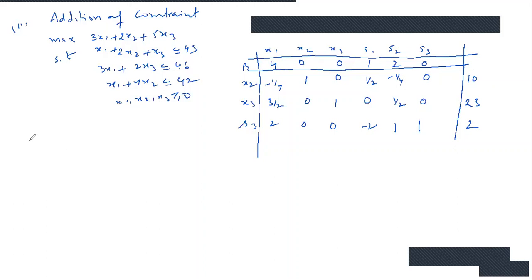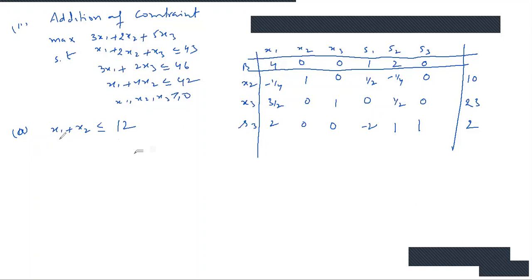Suppose we are adding a constraint, say x1 plus x2 less than or equal to 12, first case. So what is the effect of the addition of this constraint? Now you see in the present table, x1 is 0 because x1 is a non-basic variable, but x2 is a basic variable, so the value of x2 is 10.